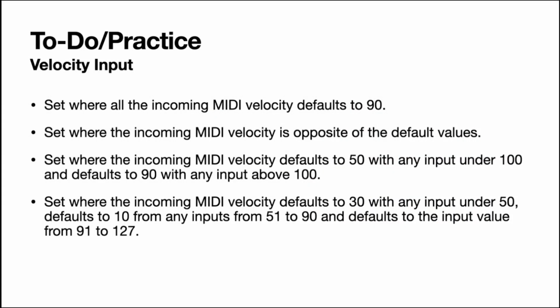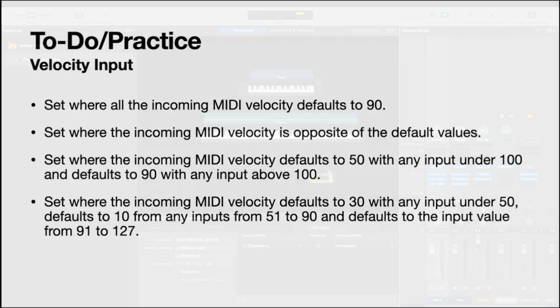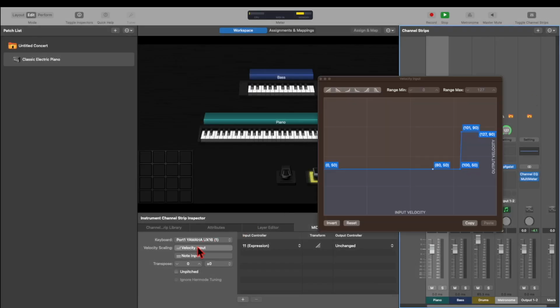Next one, where any incoming MIDI velocity defaults to 30 with any input under 50. So let's go ahead and do that. Anything under 50 defaults to 30. This is just really practice. It's not really something you would use in the real world.